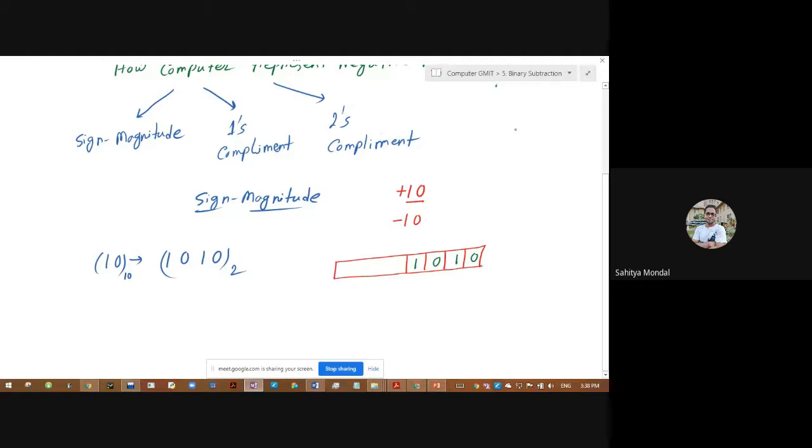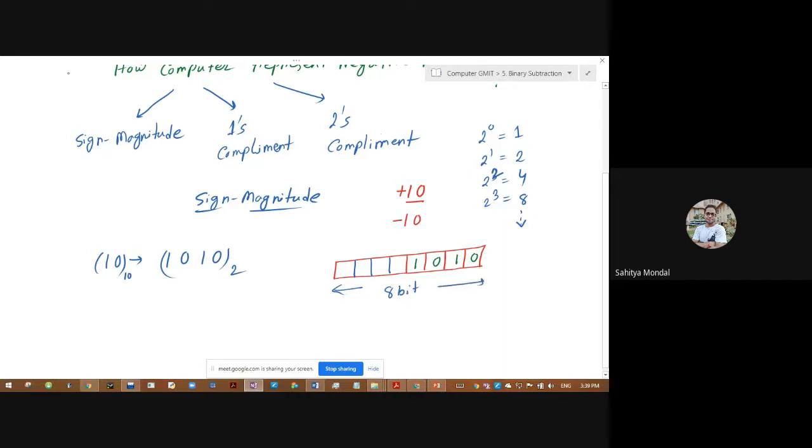That means you can have 1 bit, that is 2 to the power 0, and 2 bits, that is 2 to the power 1. In this way, computer blocks grow. So I am assuming an 8-bit memory. The memory size is 8 bits.